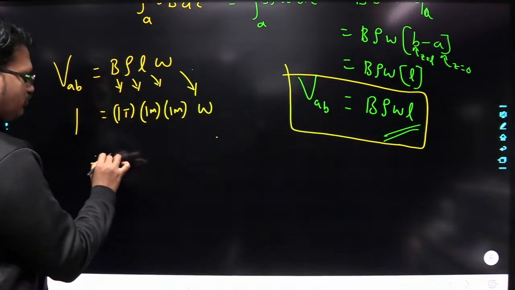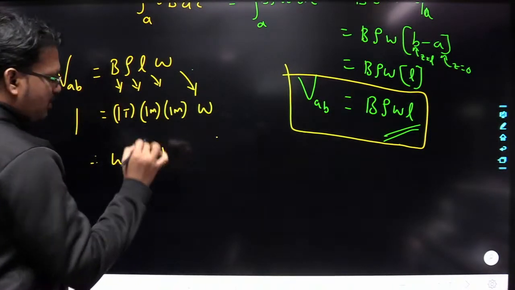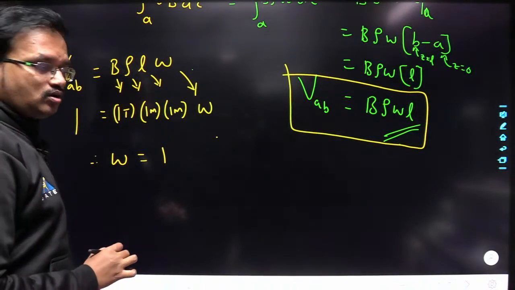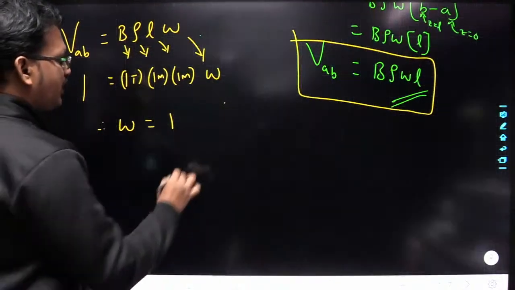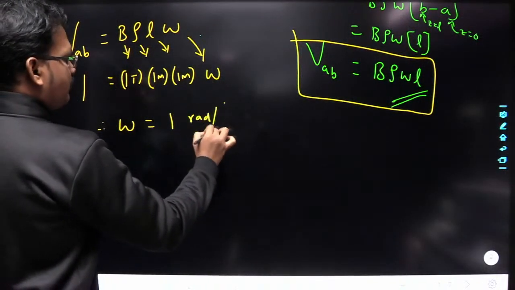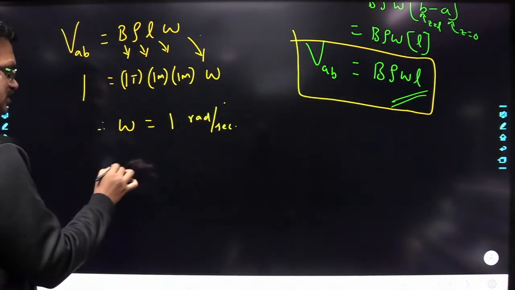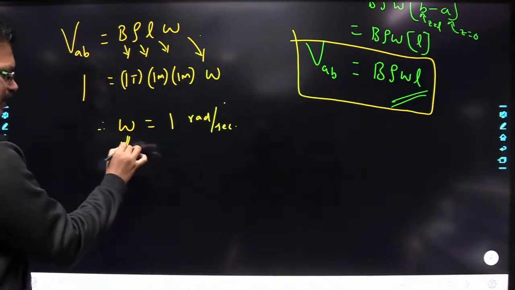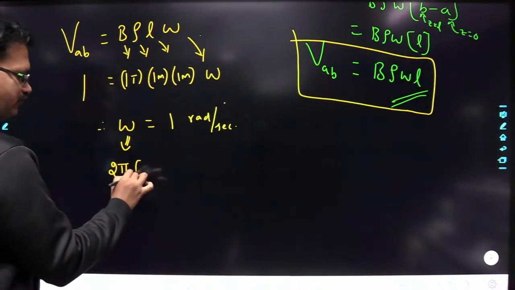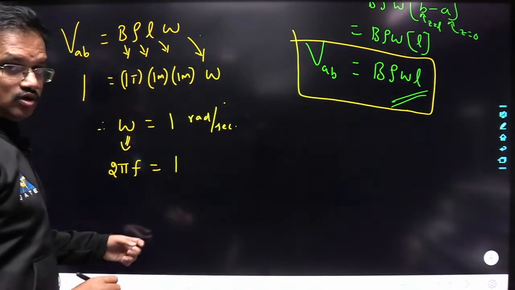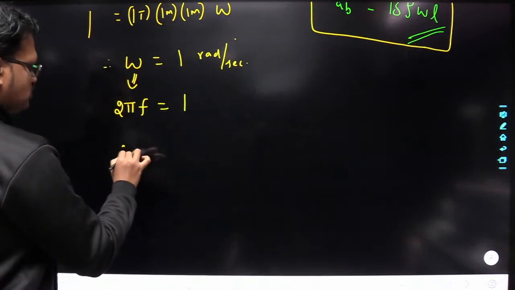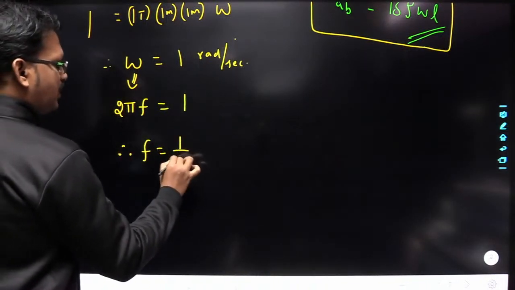Therefore omega is equal to 1 radian per second. From here I am going to determine f. Omega is 2 pi f, which is equal to 1. Therefore f is equal to 1 by 2 pi.